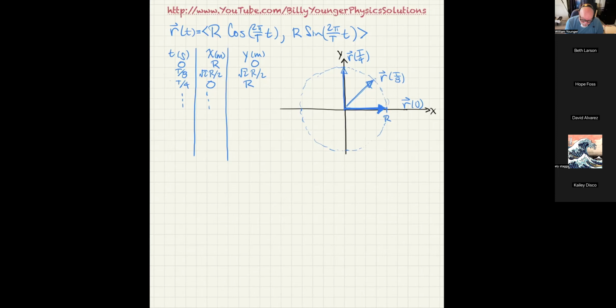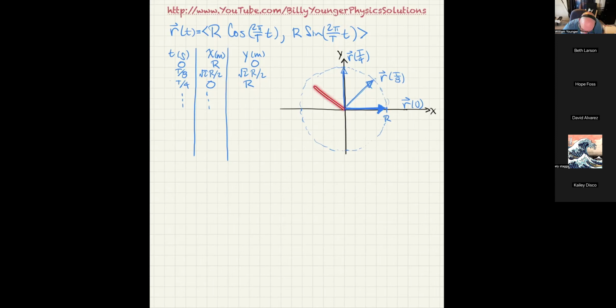That's why I have x equals 0 for this point. But when you plug in 2 pi t over T in the sine, again you have pi over 2. And the sine of pi over 2 is 1, so I get just plain r there, and that's why the y component is r.